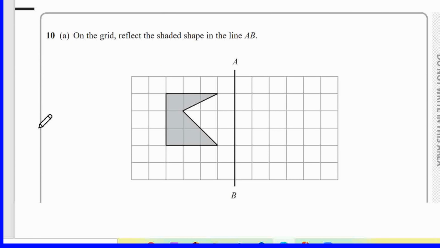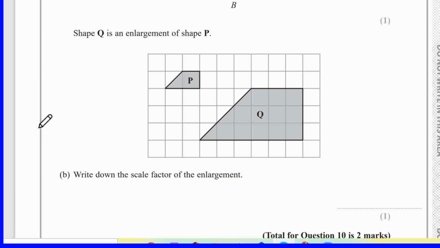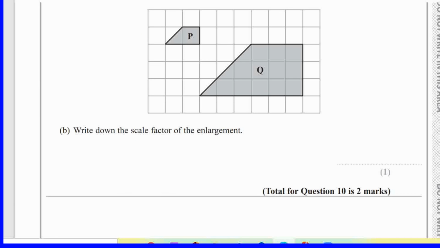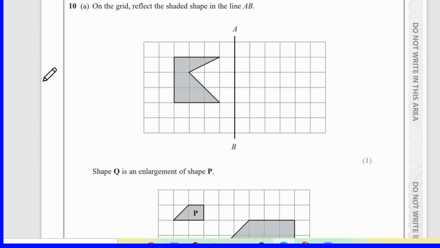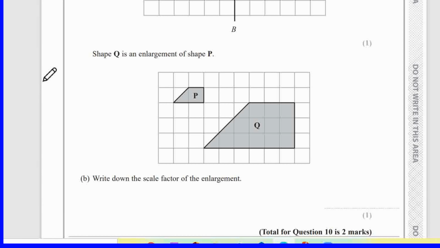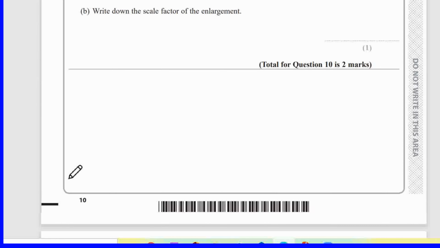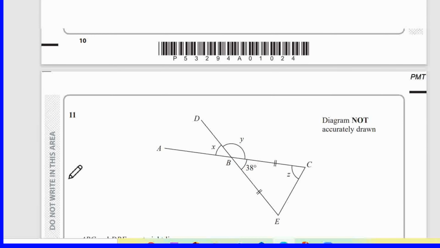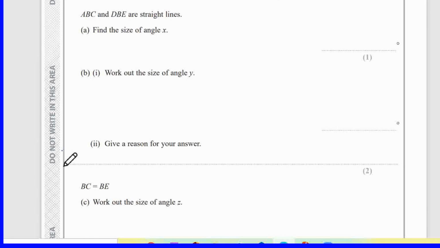This is number 10, if you like to take the screenshot, 10B, and this is number 11, A, B, and C.